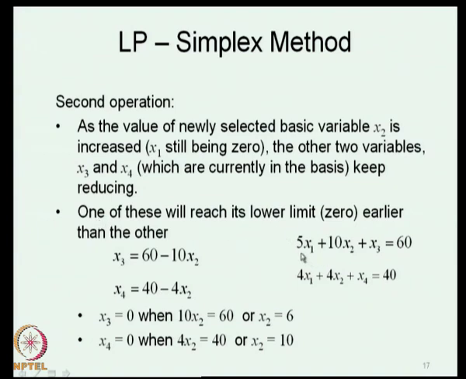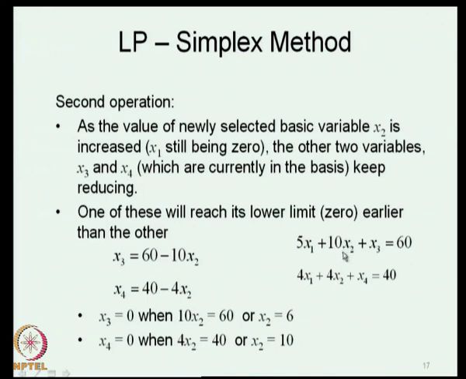You just look at these. The constraints were 5 x 1 plus 10 x 2 plus x 3 is equal to 60, and 4 x 1 plus 4 x 2 plus x 4 is equal to 40. x 3 and x 4 are the basic variables, x 1 is still 0, and you want to increase x 2 now. You have already made a decision that x 2 is coming into the basis.